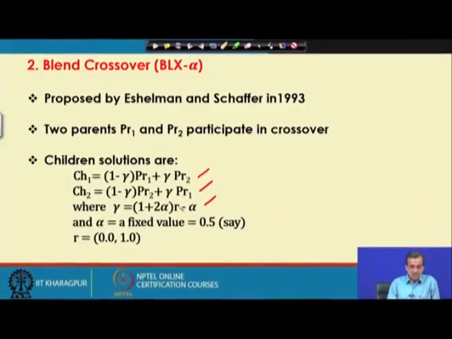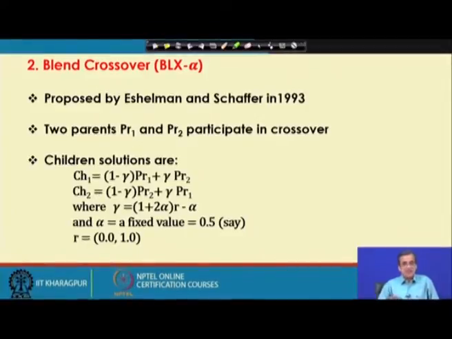Here R is a random number lying between 0 and 1 and alpha has a fixed value, say 0.5. Using this blend crossover, I can very easily find out the children solutions, that is child 1 and child 2.